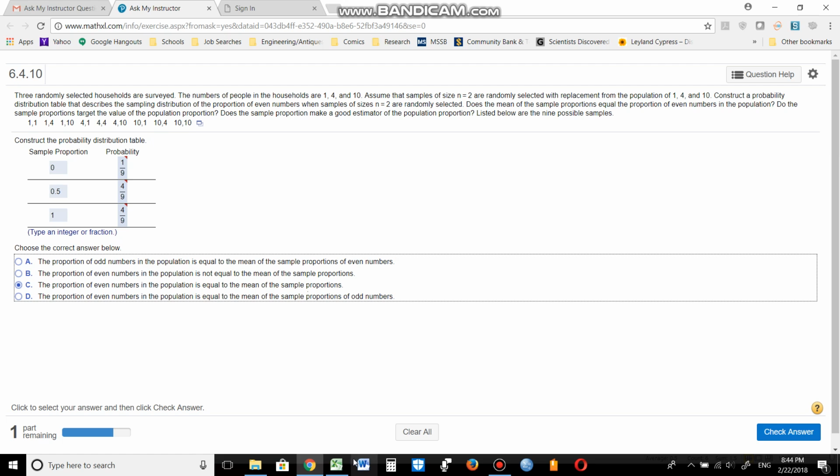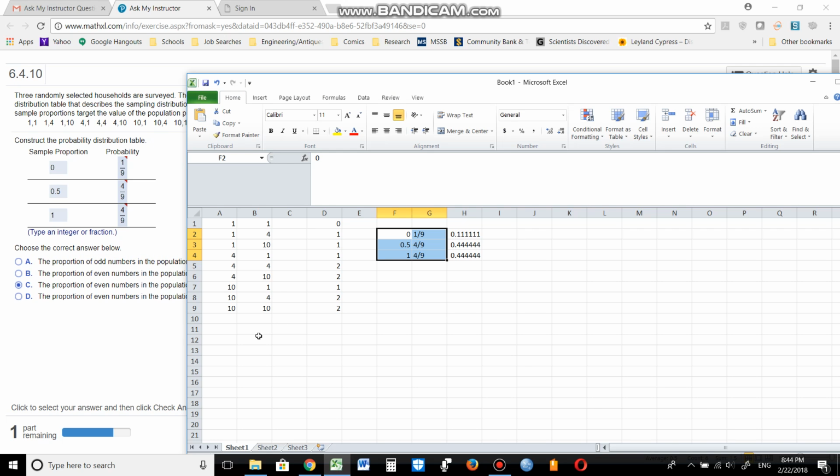If I look at this from a population standpoint, I have 1, 4, and 10, so I have 2 divided by 3. That's the population proportion of even numbers out of the total. Then for the mean of the sample proportions, I take each of these values and multiply it by its corresponding probability.